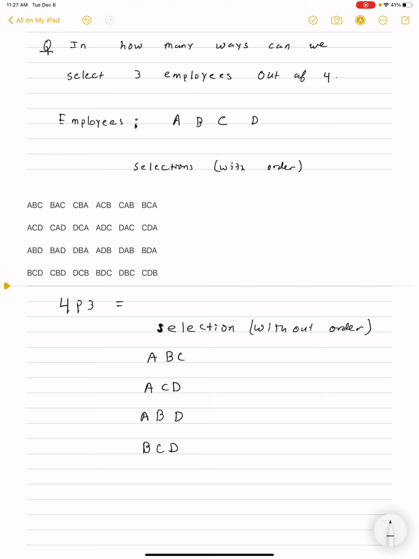Well, this would say I'm going to have 4 factorial, and then I'm going to have 4 minus 3 factorial, and that's just going to be 4 times 3 times 2 times 1 divided by 1, and that will be 24. So that is the selections with order. That's 24 of them.